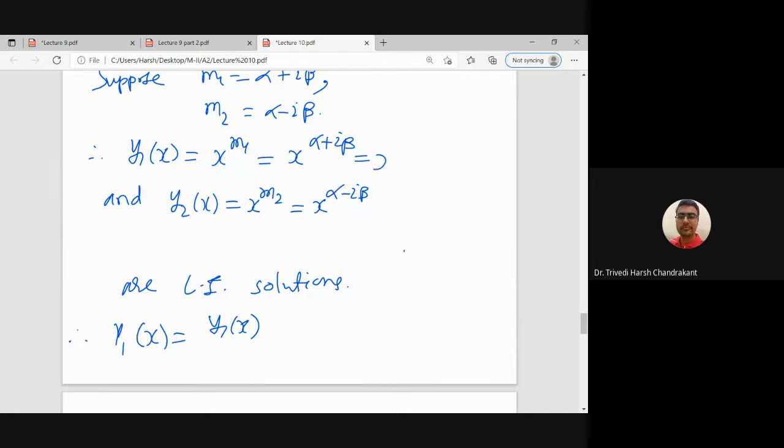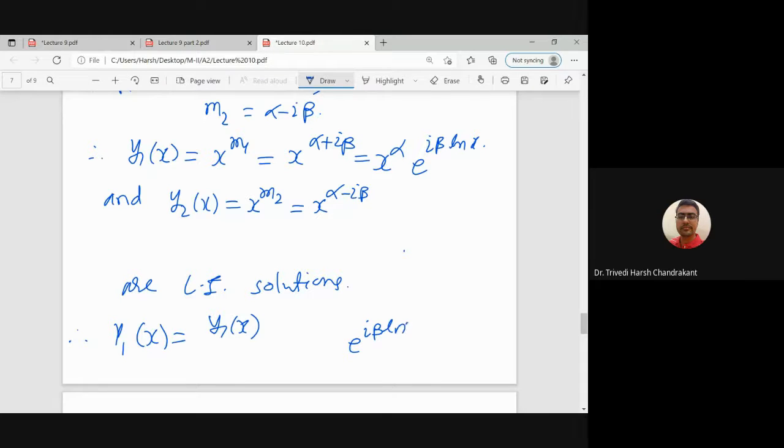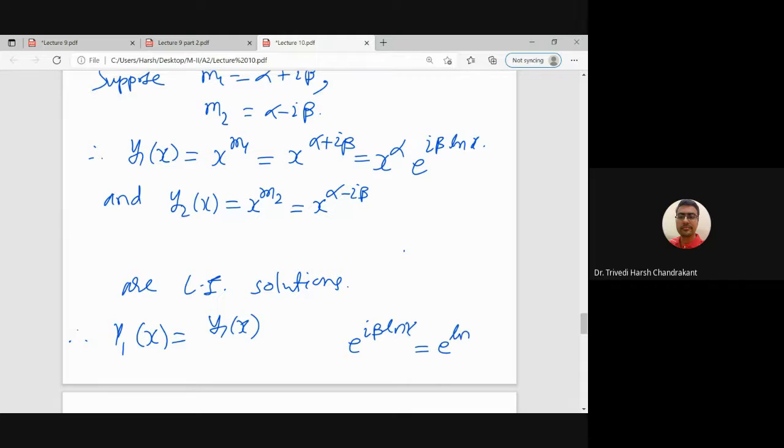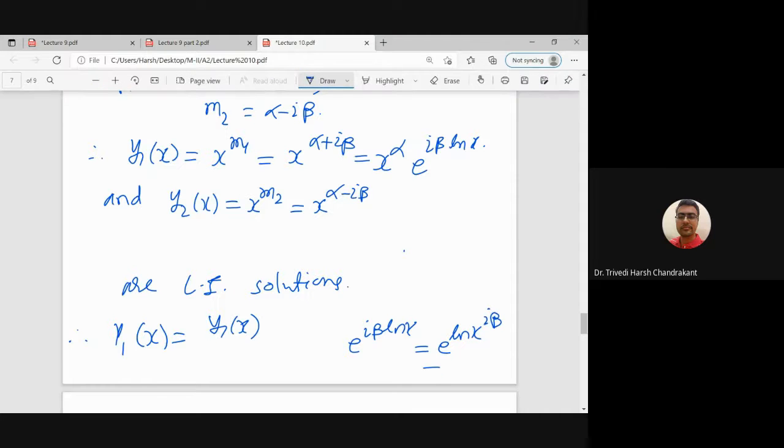So we should write this as x power alpha, x power i beta. So x power i beta we can write using exponential as e power i beta log x. Right, so x power i beta we can write as e power i beta log x, which is e power log x power i beta, and that is x power i beta.